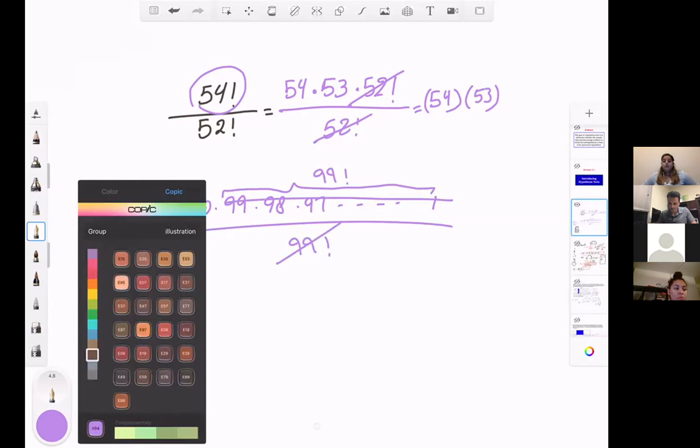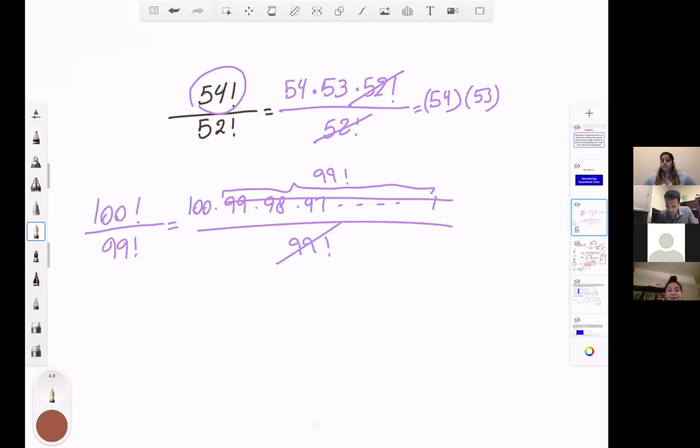Let's have one question only for Rocio. 25 factorial divided by 21 factorial.